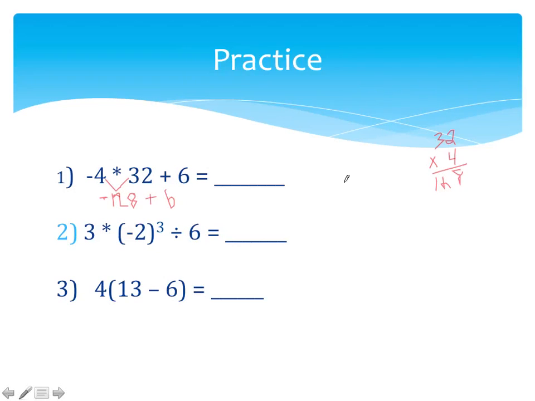So the rule tells me when the signs are different to find the difference. So notice I'm doing my work way off to the side. So I'm going to find the difference. I'm going to subtract 6 from 128. 8 minus 6 is 2. 2 minus 0 is 2.